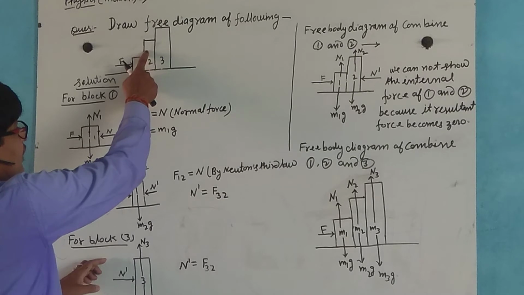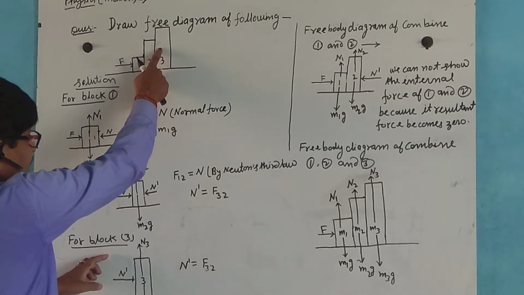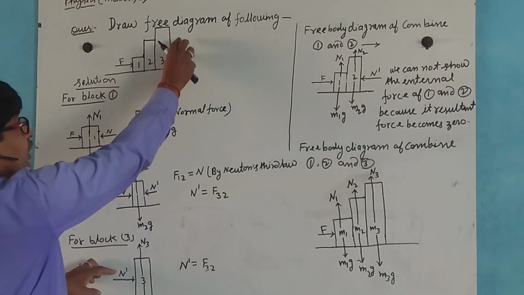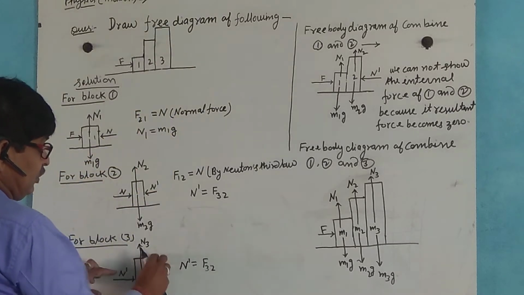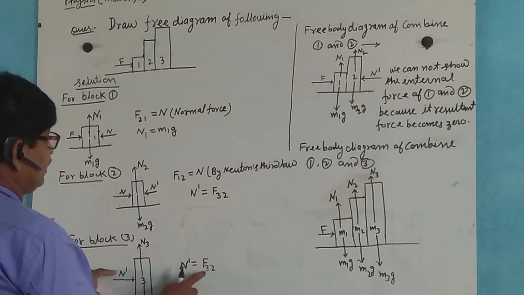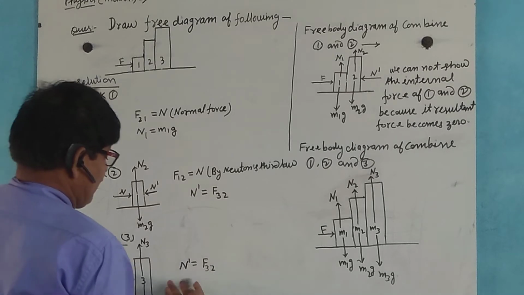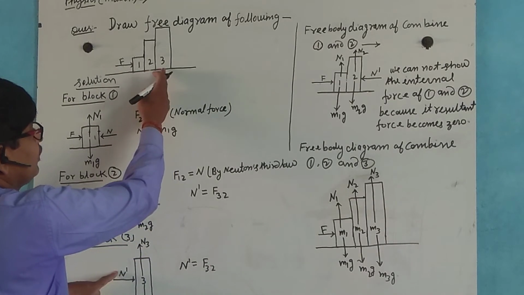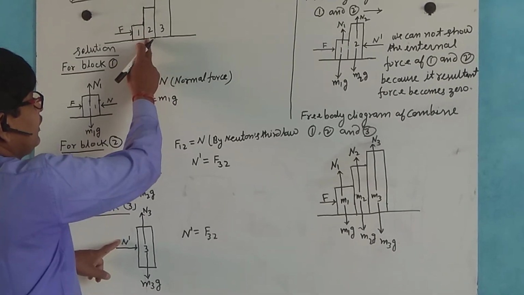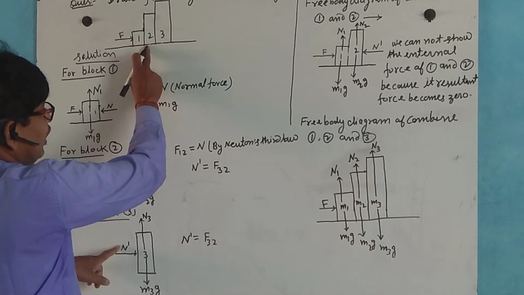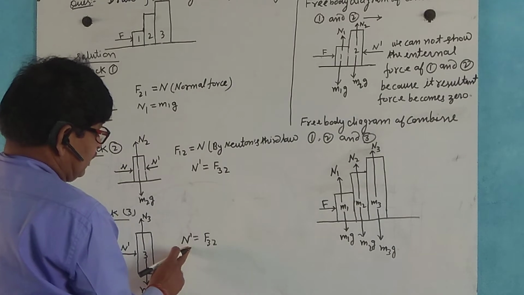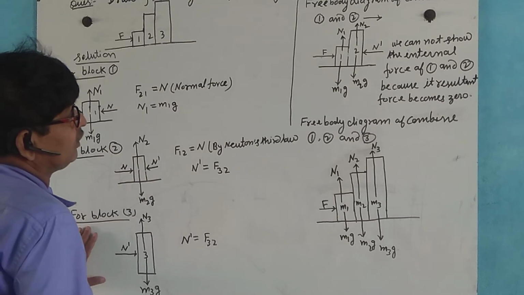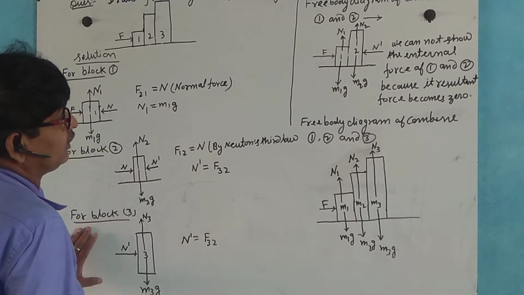This also applies a force, N dash, this force is the normal force, and here there is no other type of force, so that N dash is equal to F32, because in this block, force 3 applies this, and this block also applies this force, so that N dash is equal to F23.